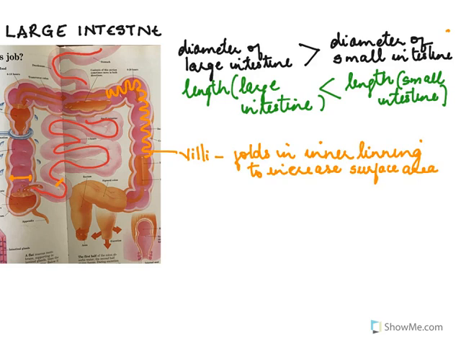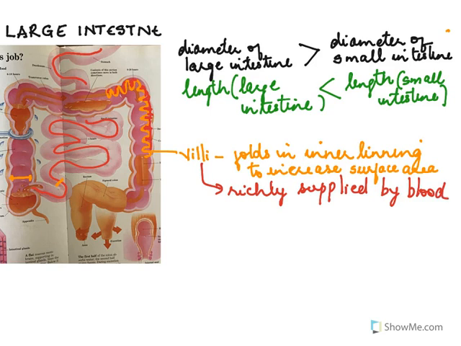These villi too, just like the small intestines, are richly supplied with blood. Okay, so there's rich supply of blood here. Now here, one important function of the large intestines is to absorb extra water.